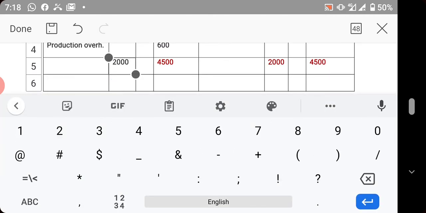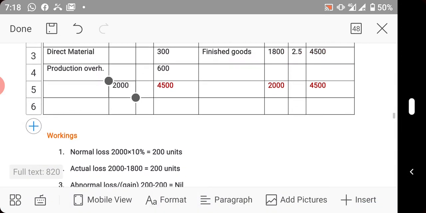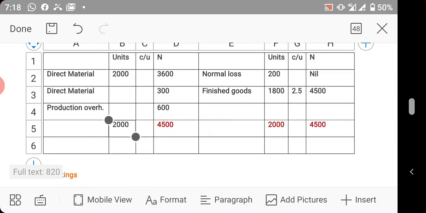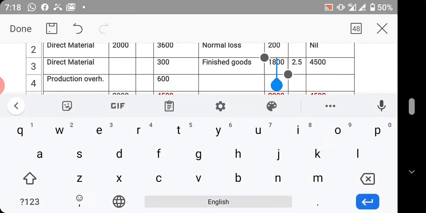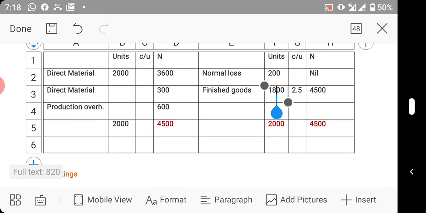Since it is 2,000, the unit here is also 2,000. Now, 2,000 minus 200 will give you this balancing figure. Hope you understood. 1,800. And this 1,800 is the same as the 1,800 that was given to us in the question as actual unit. You see, this will always balance by itself. We don't need to impute value.